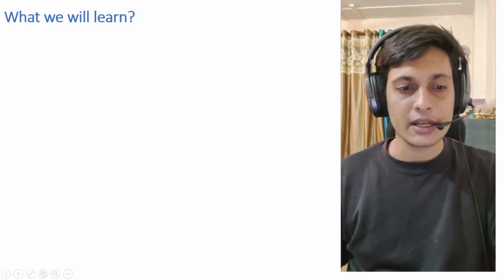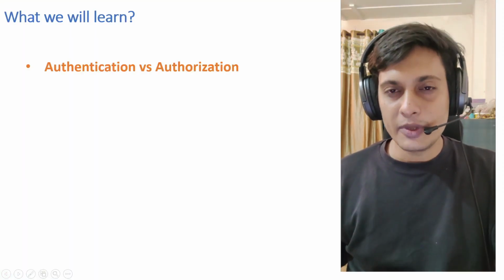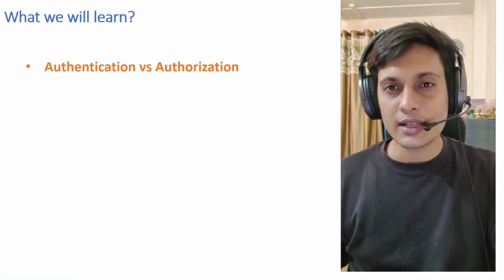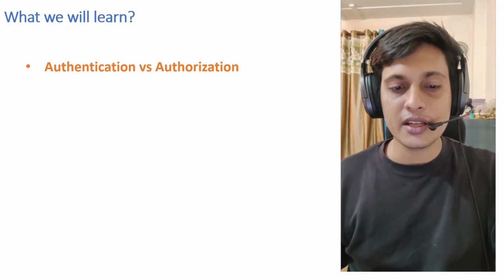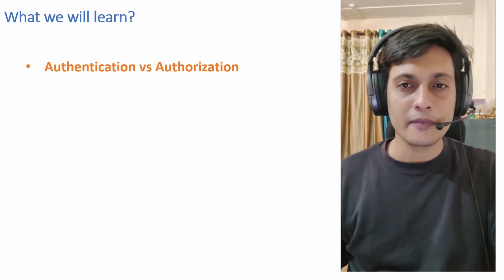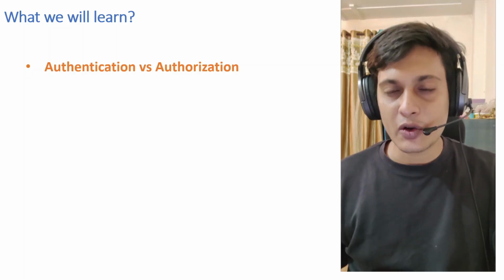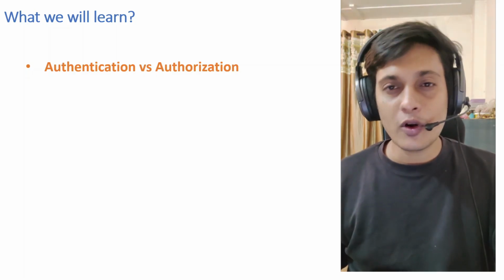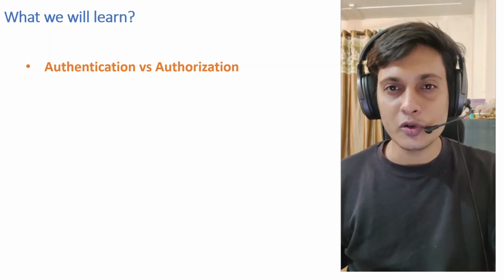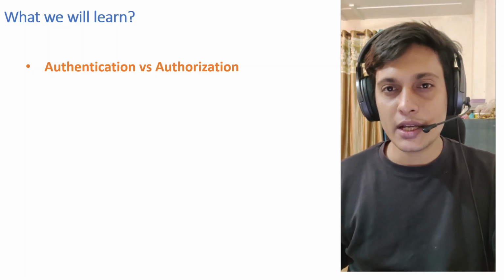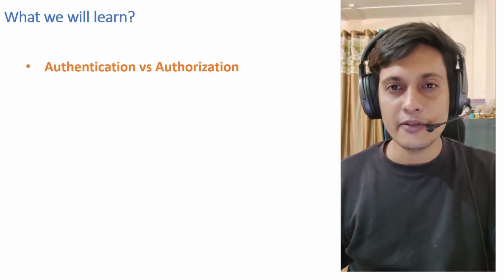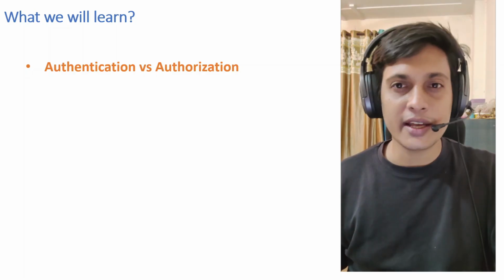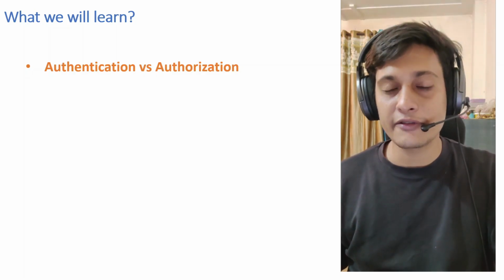Okay, so first of all, to implement this JWT, we need to understand something about authorization and authentication. While implementing security in your application, we are creating some rules, and also we are creating some mechanism so that we can restrict access, we can restrict the flow.